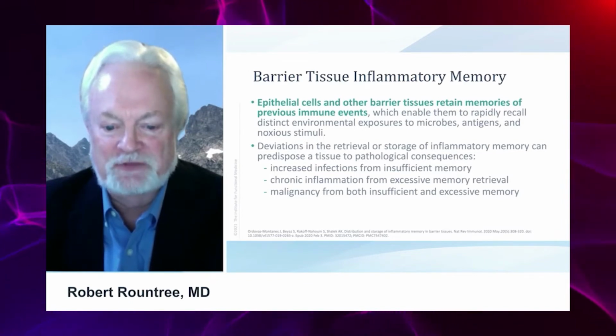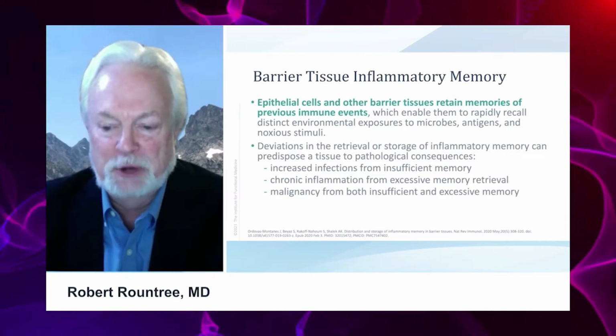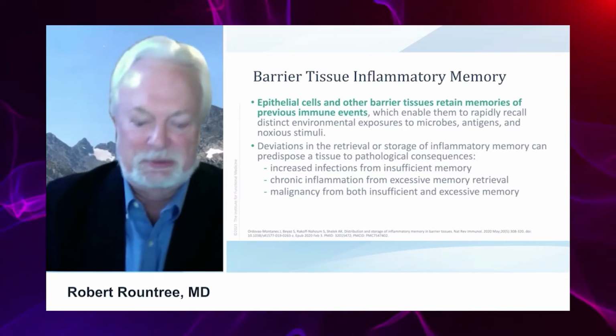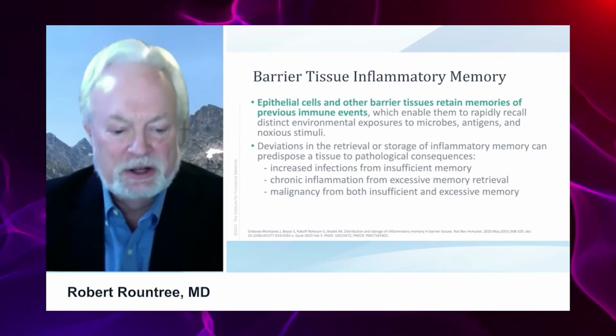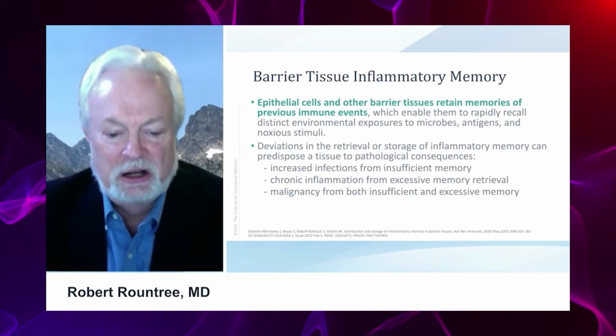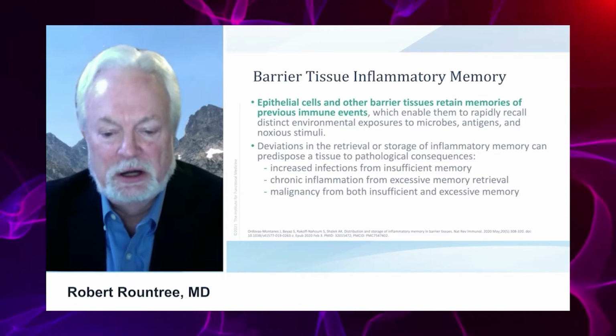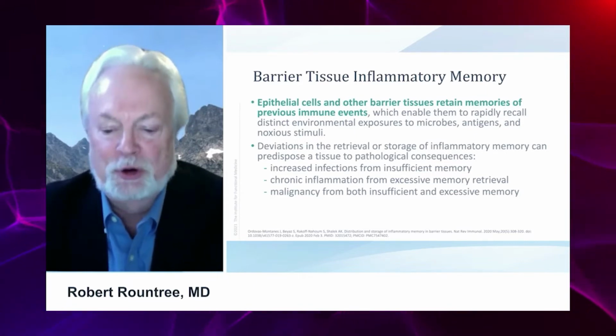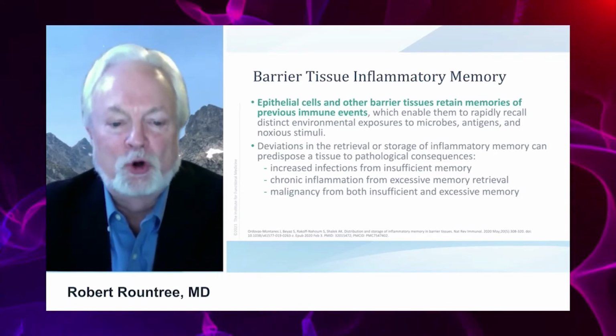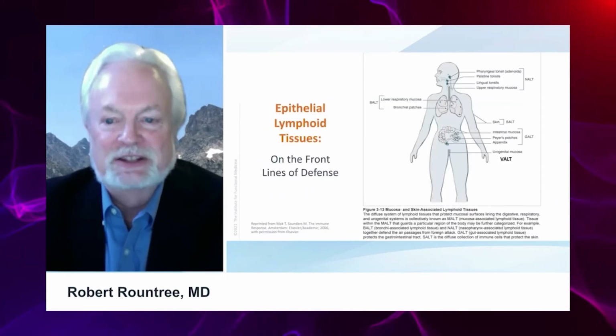Or if there's insufficient barrier memory and perhaps excessive inflammation at the same time, we can get malignancy. So this is clearly a whole new area of study, of what's going on with inflammatory memory and how we make it work for us instead of against us.